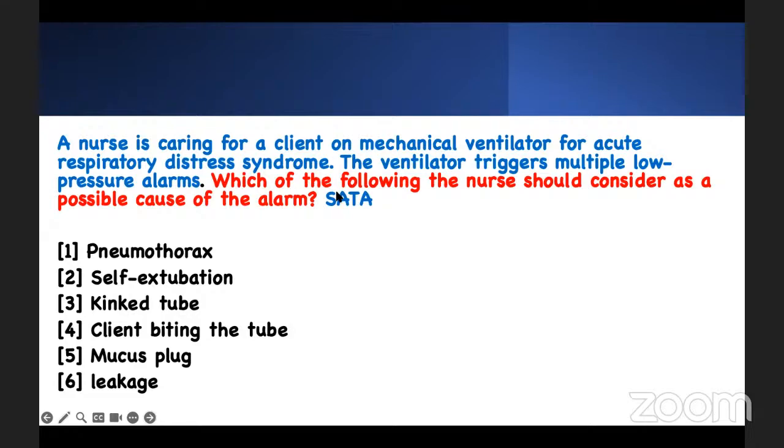The next one is another strategy, just to show you some of these things. Only a few words will help you answer the question. There's nothing magic about answering questions: focus on the keywords. Those are the clues, the cues. You focus on the cues and then you analyze them. Which of the following should the nurse consider as a possible cause of the alarm? A nurse is caring for a client on a mechanical ventilator for acute respiratory distress syndrome. This is all irrelevant.